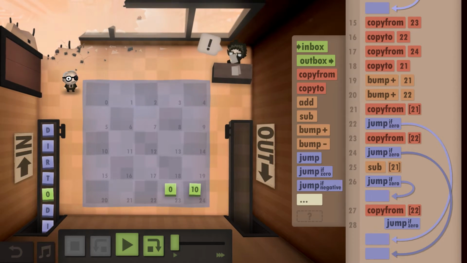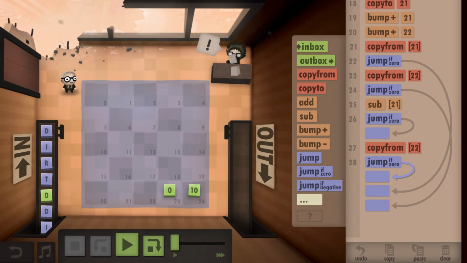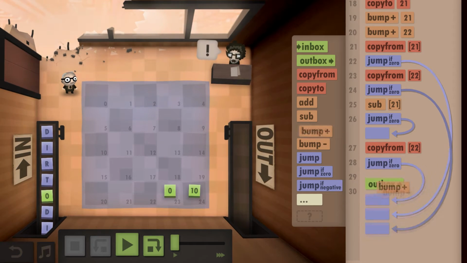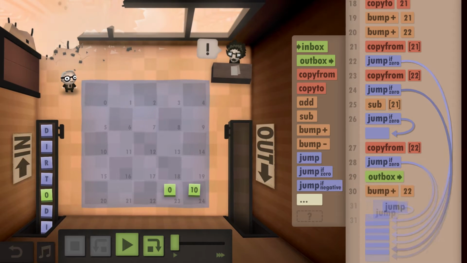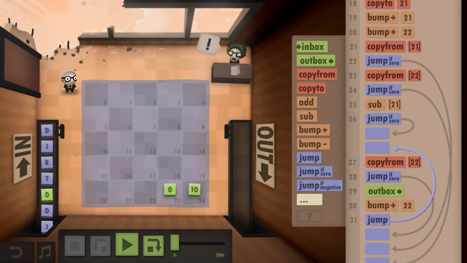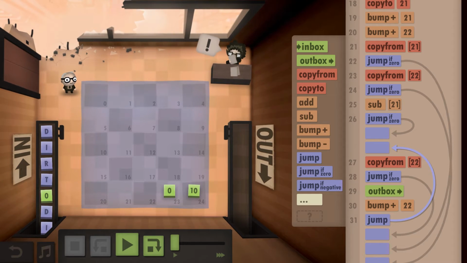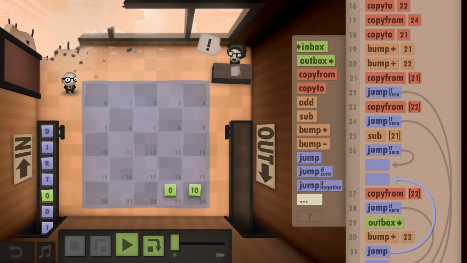And if that is 0, we will jump down to this same group. And then outbox, and then bump up that value, then jump and then do the copy from, and repeat that. So this is going to output the word. All right, let's see. Back up to this section here.